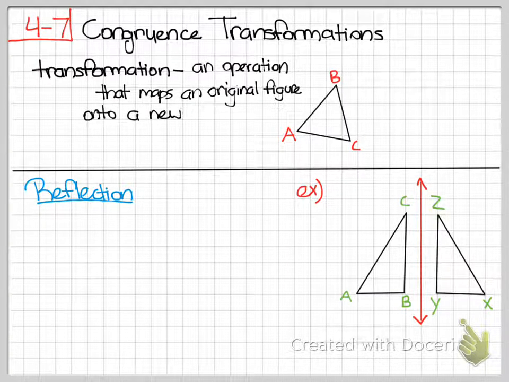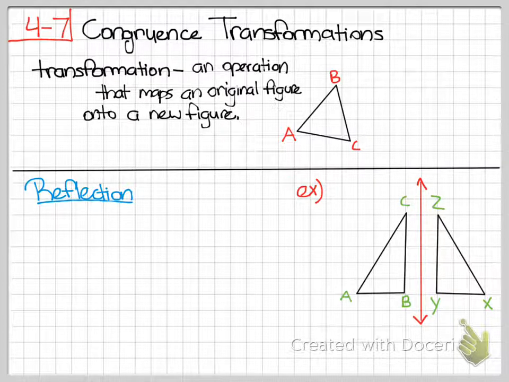That is a transformation. It's just an original figure that is mapped onto a new figure. And a transformation can change the position of the figure, it can change the size, and it can change the shape of the figure.